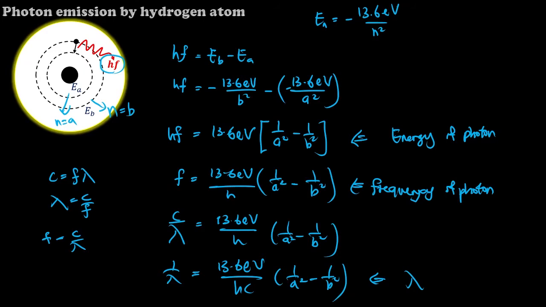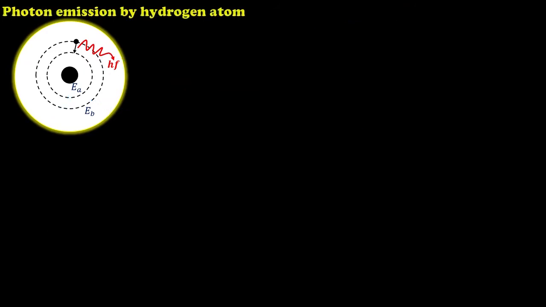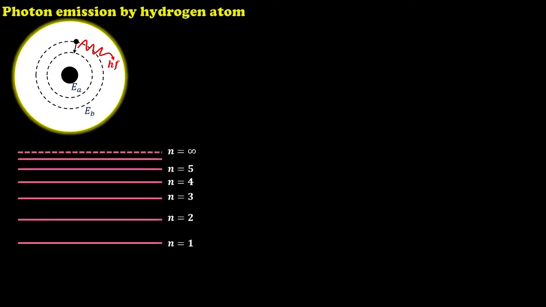There are a few series. We have some names for the transitions of electrons from a higher orbit to a lower orbit. There are a few series that we have given names according to the final state of the transition of electrons. The first one we call the Lyman series.